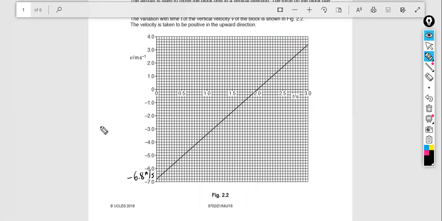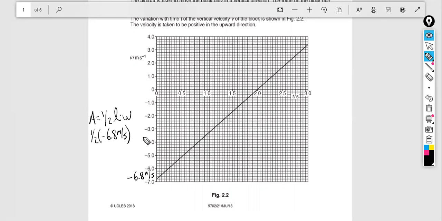And so if we think about the area of this triangle, it's 1/2 length times width, or 1/2 base times height. And so let's call this the length, 1/2 negative 6.8 meters per second. I'm keeping the negative sign to remind me that negative is down, and I'm going to have to add these two, but add the negative, right?